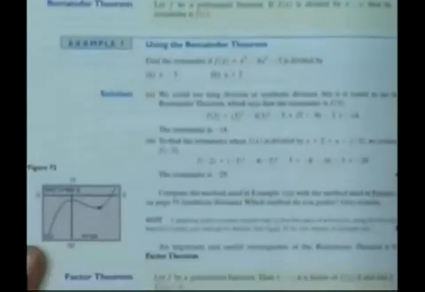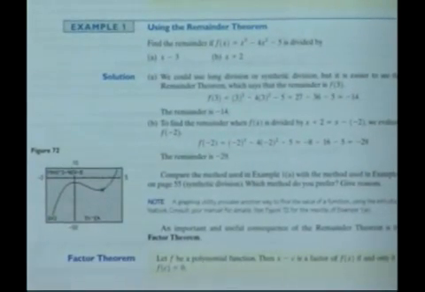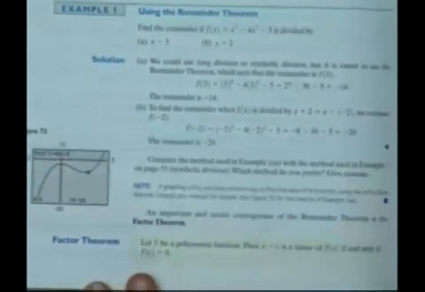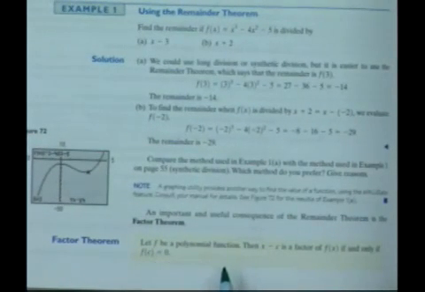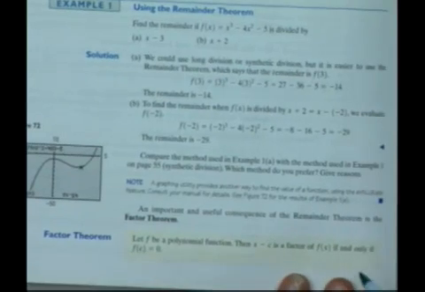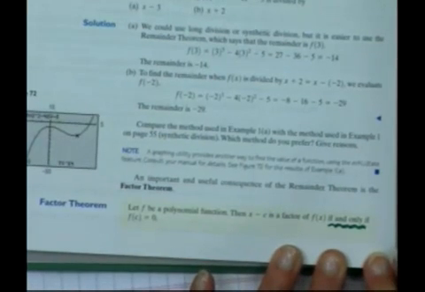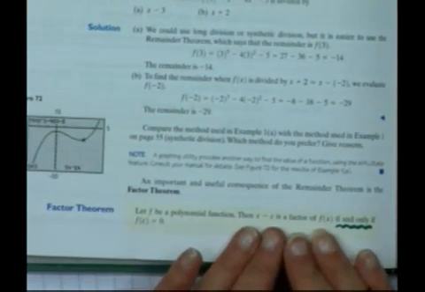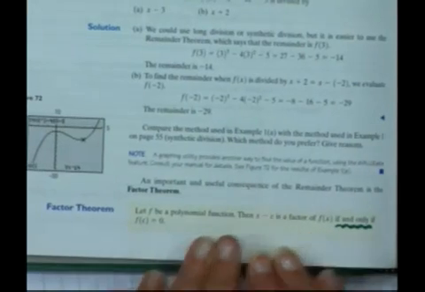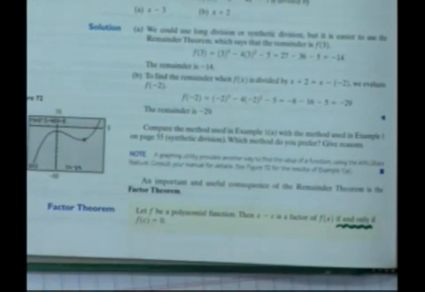Then the factor theorem says, okay, if f is a polynomial function, it's going to have an if and only if statement in the factor theorem. That means it doesn't matter whether you're at the first part of the sentence or the other part of the sentence. It's going to work both ways.